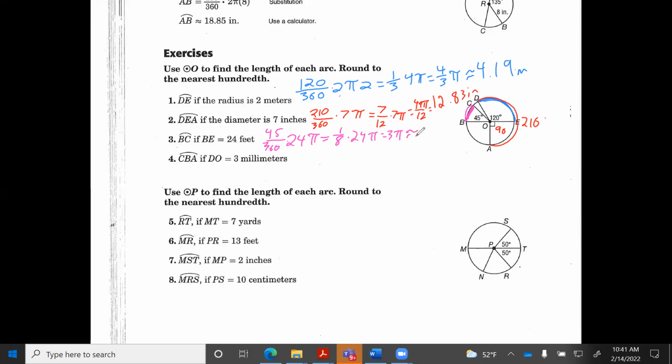So use my calculator and you get roughly 9.42. That one will change back and forth to the exact value for that. Any other question?